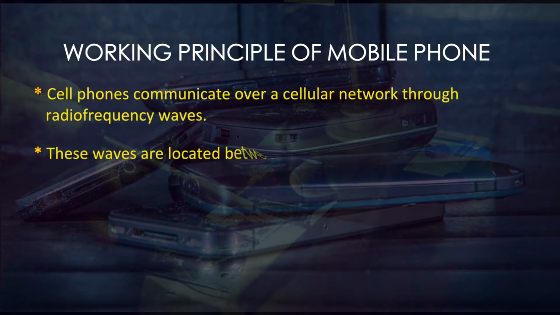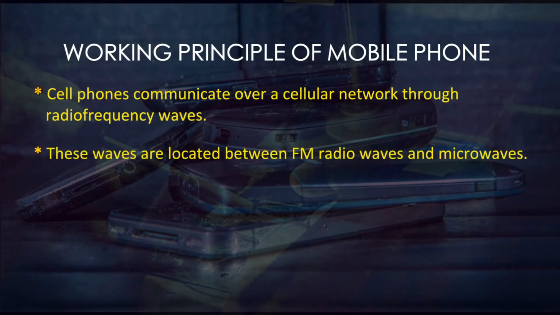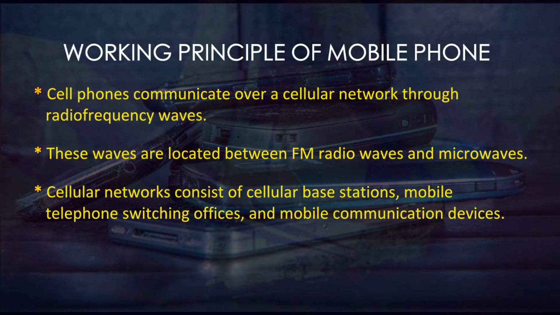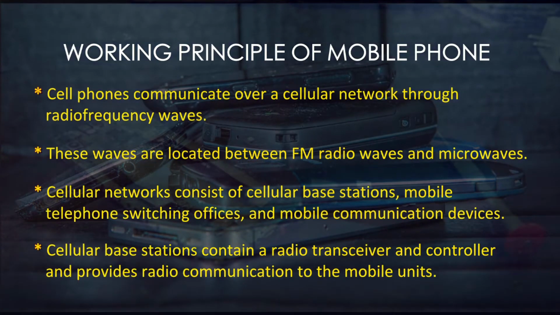These waves are located between FM radio waves and microwaves. Cellular networks consist of cellular base stations, mobile telephone switching offices, and mobile communication devices. Each base station contains a radio transceiver and controller to provide radio communication to mobile units located in its cell.